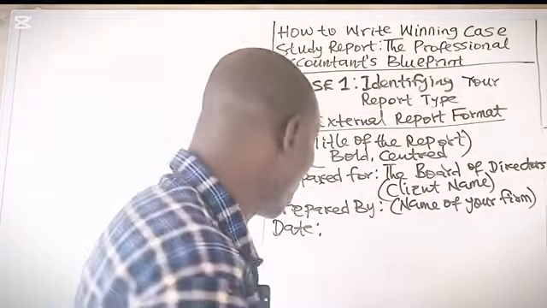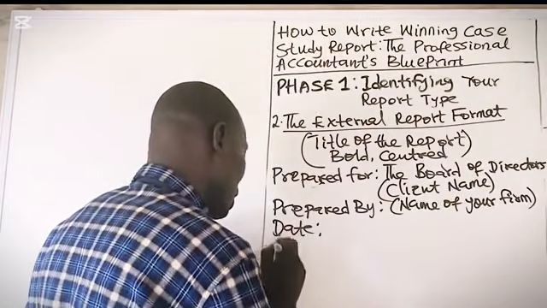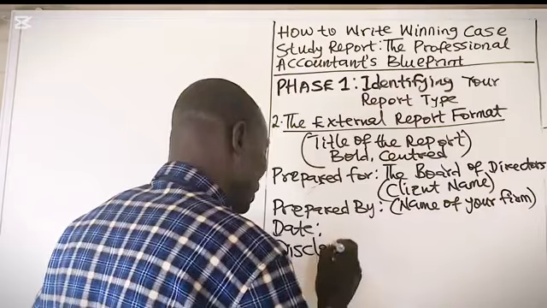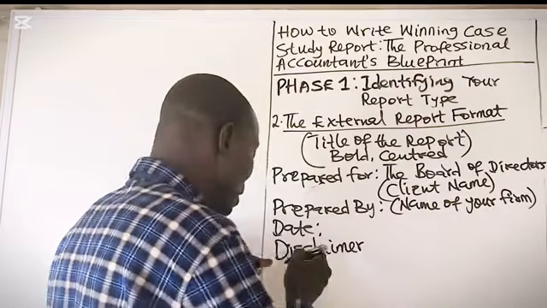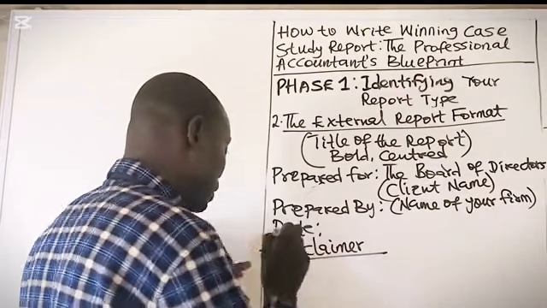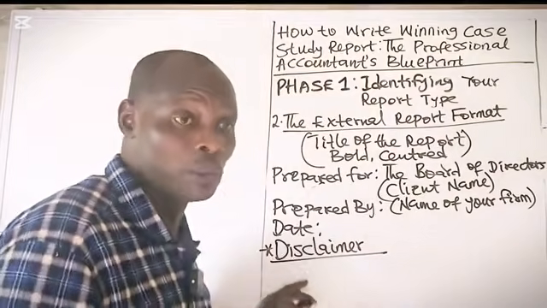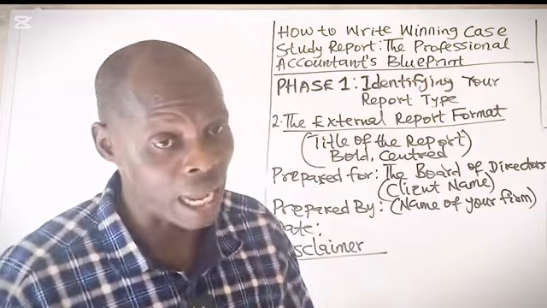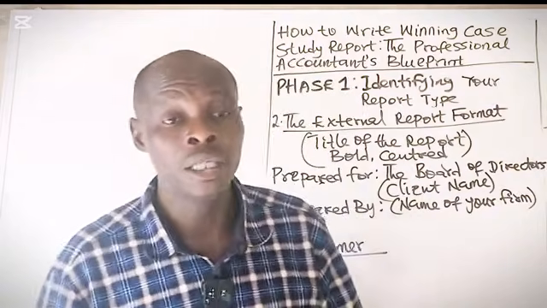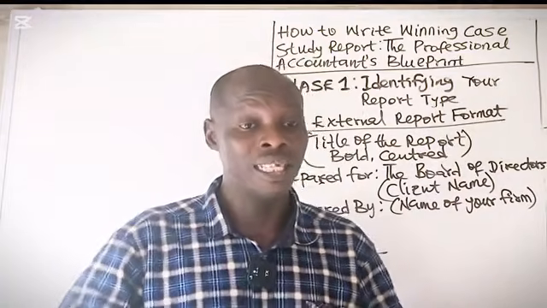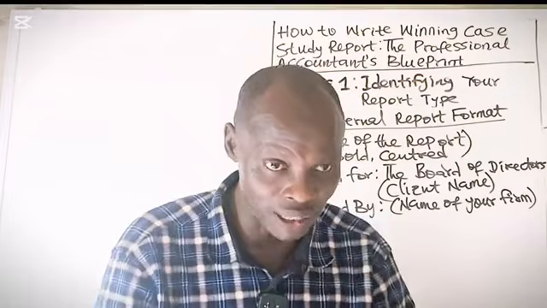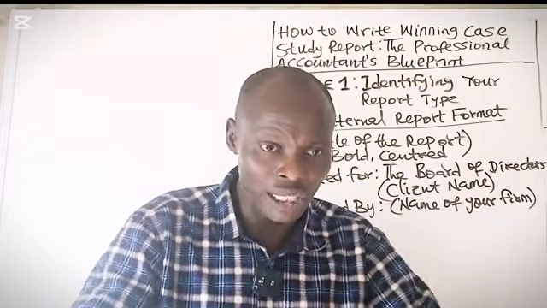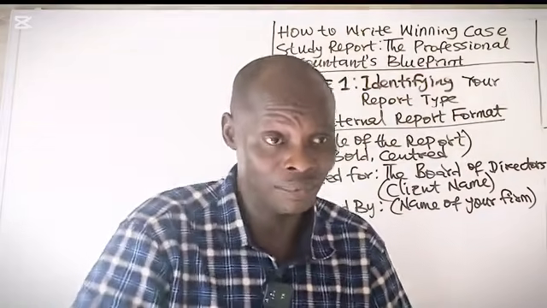Then at this juncture you put the disclaimer. You don't need to write the word disclaimer there, but I'll tell you how your disclaimer should look. The disclaimer is in italicized font.